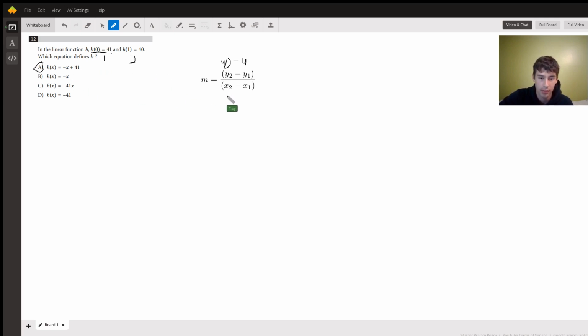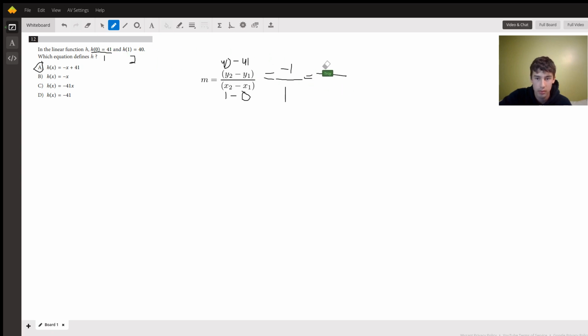So x2 is our x from our second equation, and it's 1. And our x from our first equation is 0. You just look in the parentheses to find your x. If you do this out, you get negative 1 over 1, which is just equivalent to negative 1.